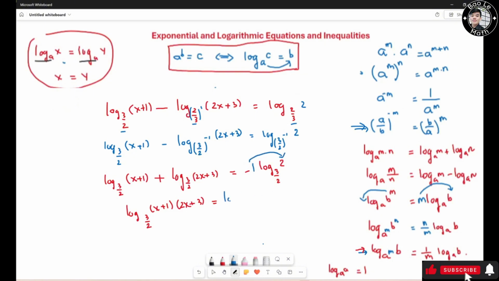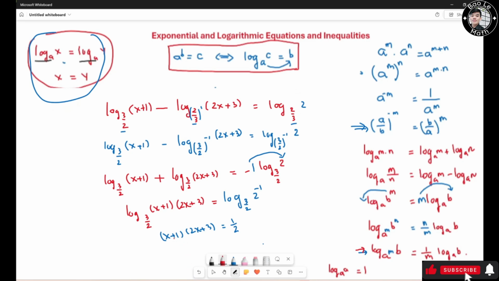So it turns out to be log base 3½ of 2 to the power of negative 1, so that I can use the formula right here, right? So this guy turns out to be x plus 1 altogether times 2x plus 3 equals 2 to the power of negative 1, right? Which is 1/2, right?